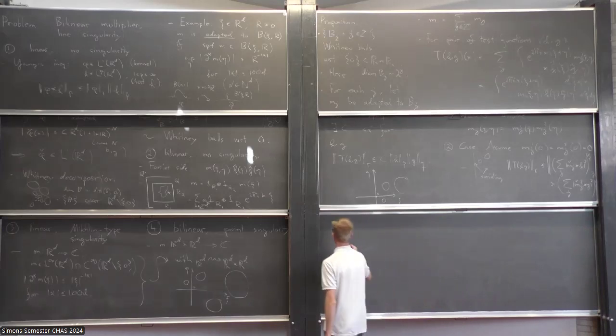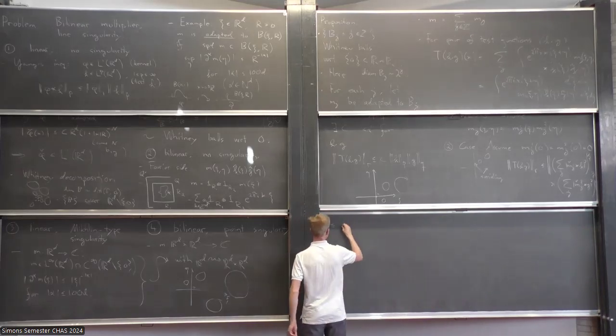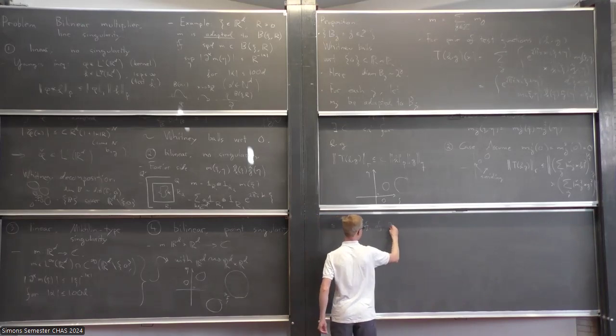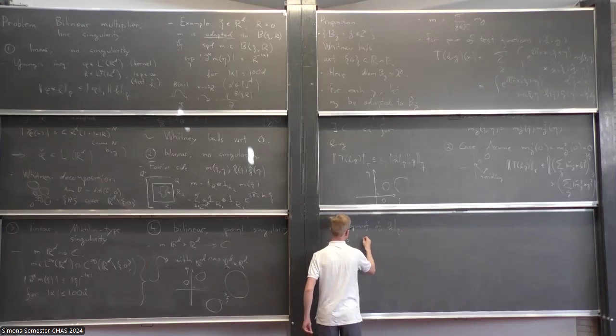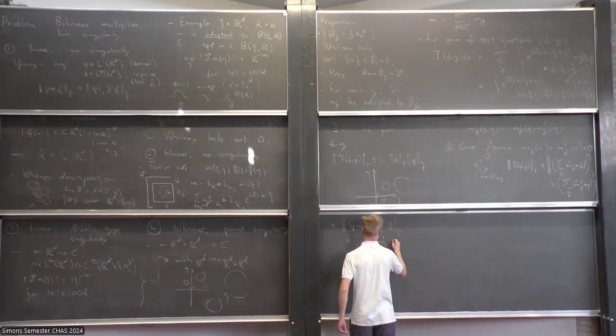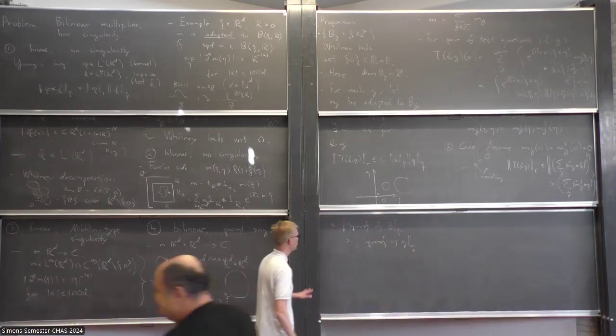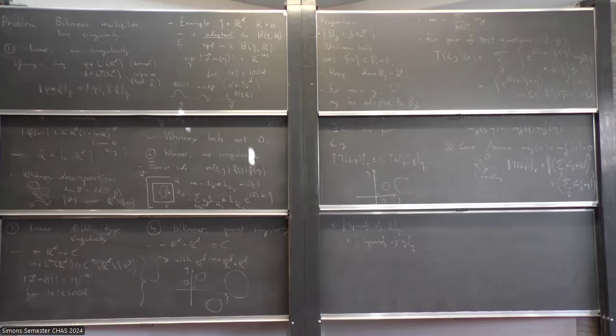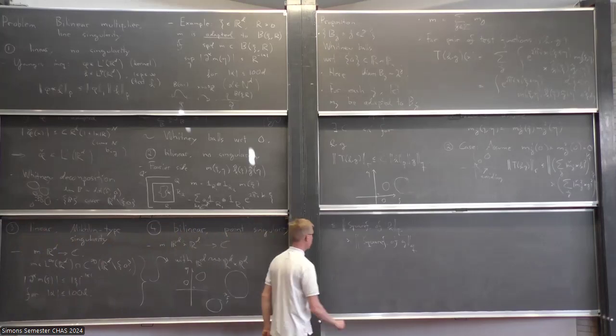And now I can do Hölder's inequality to say that this is the square function of f times the square function of g. And now this was the special case of the multiplier theorem that I mentioned, that the square function is bounded in here.